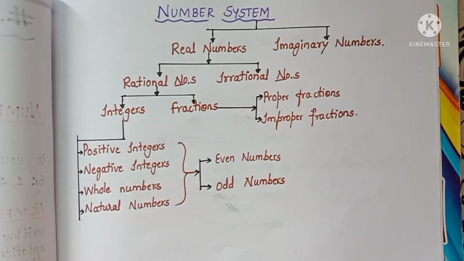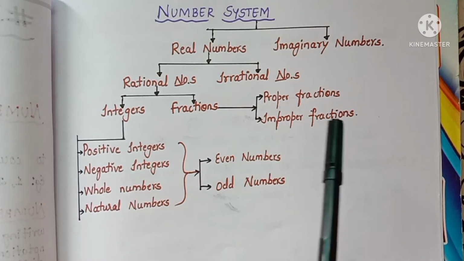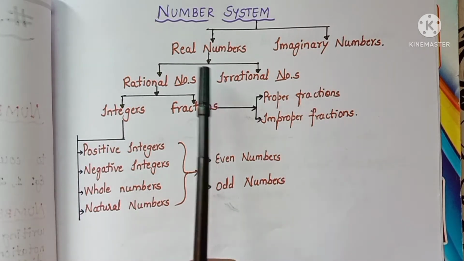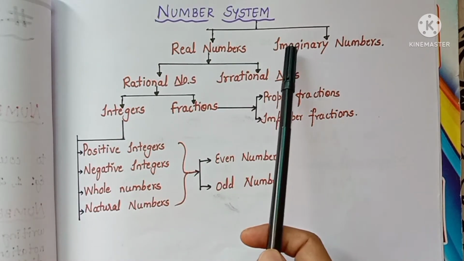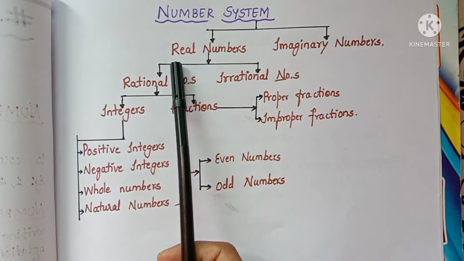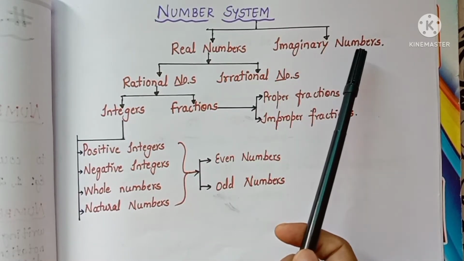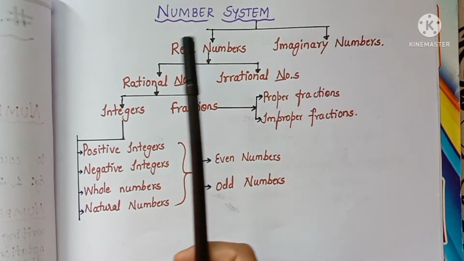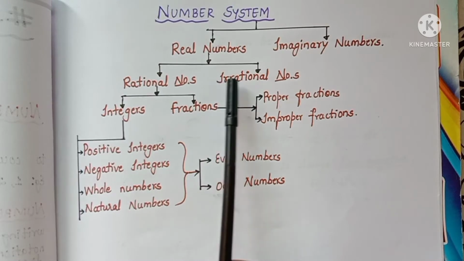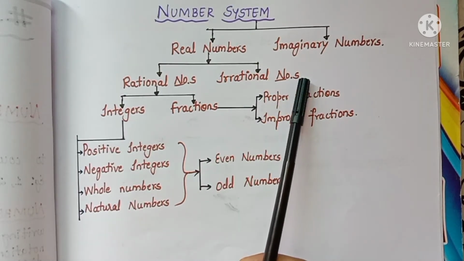Now, let us see classification of numbers. How is this number system classified? Here we have real numbers and imaginary numbers. In real numbers we have rational numbers and irrational numbers.